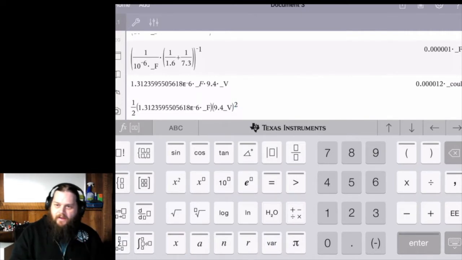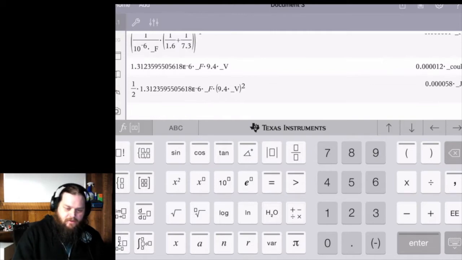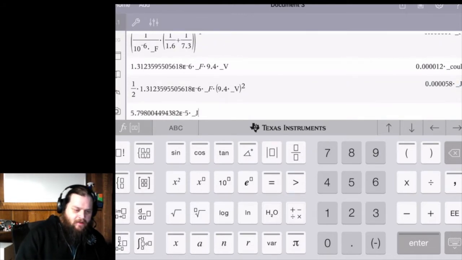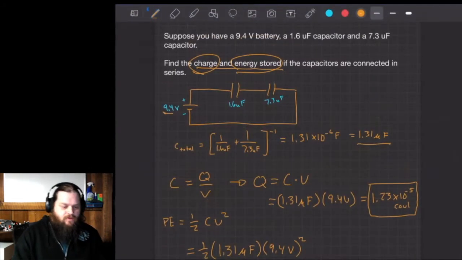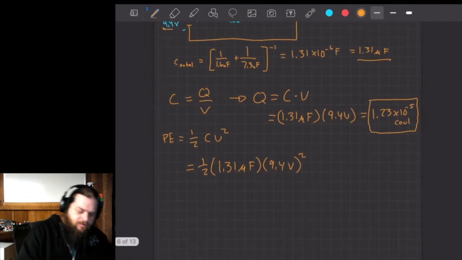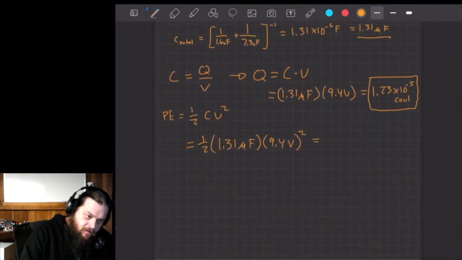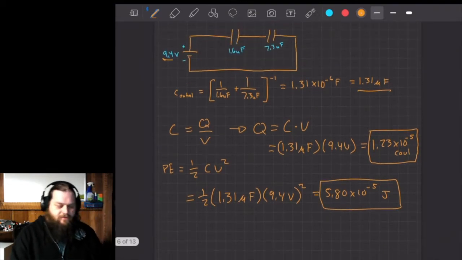Squaring the entire thing, we get this value here of 5.78, or I guess 5.80 times 10 to the negative 5 joules. That's how much energy is stored on this capacitor.